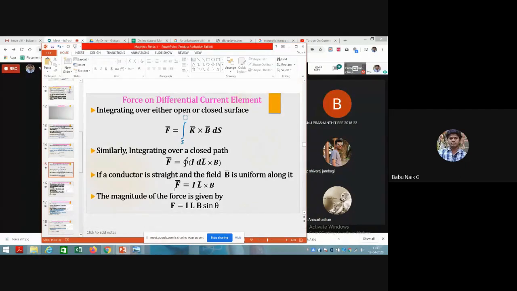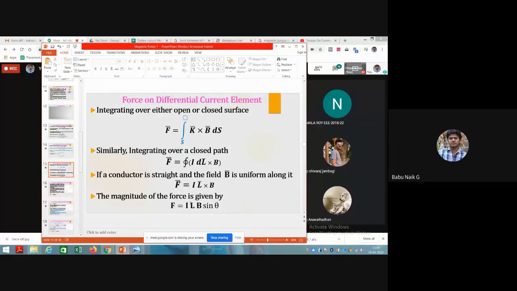Similarly, if we consider a straight conductor, the force is equal to I L cross B bar, where L is the length of the wire, I is the current flowing through the wire, and B is the magnetic field produced surrounding the conductor.